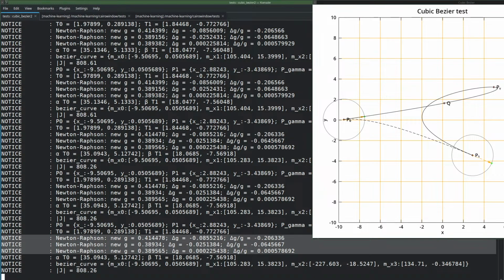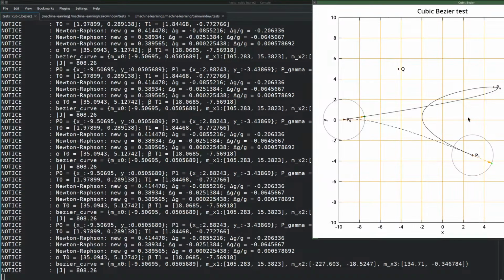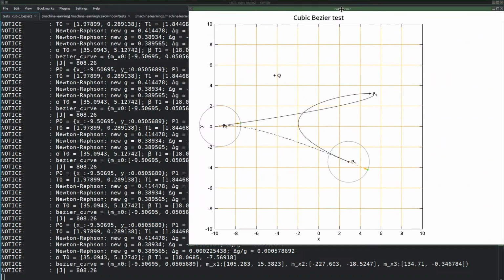I'll fix what is in the description of the video. I wonder if we can somehow detect that this loop exists.